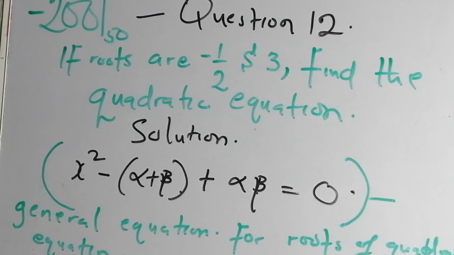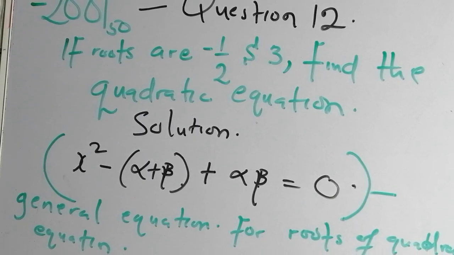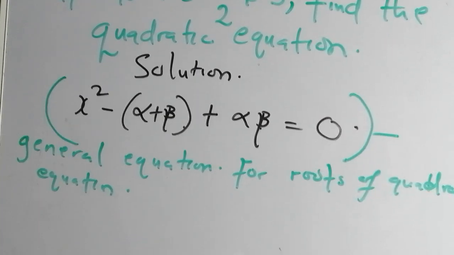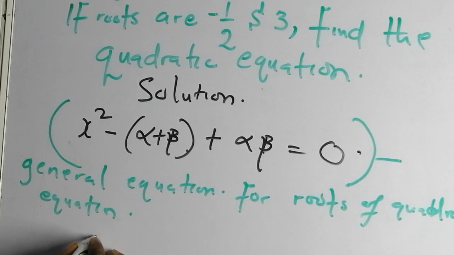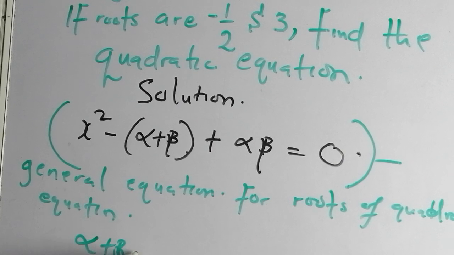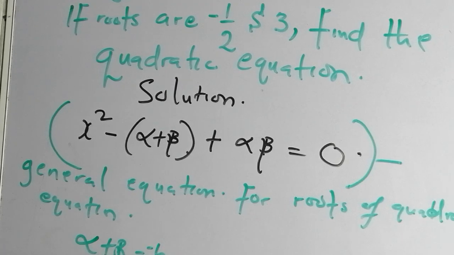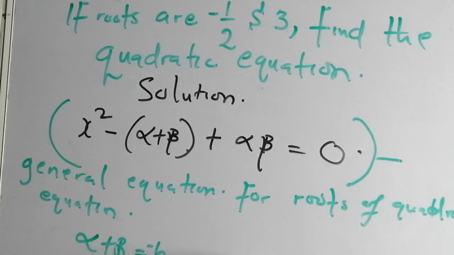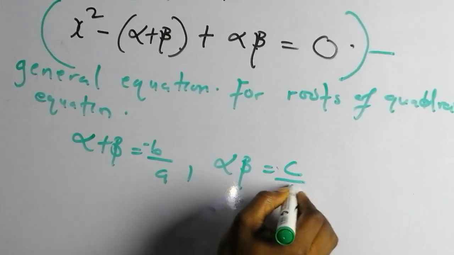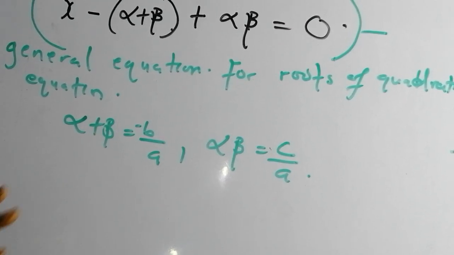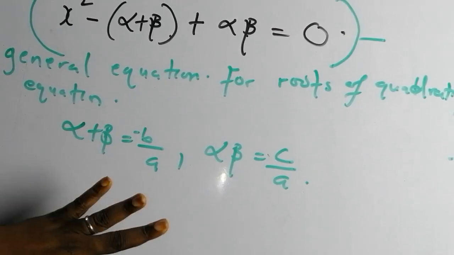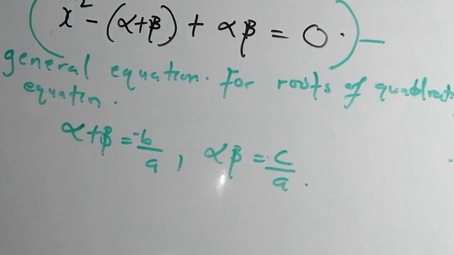That's the general equation that you need to know. I deduced that when I was treating quadratic equation. Don't forget that alpha plus beta is the same thing as minus b over a. Then alpha beta is the same thing as c over a. That is just a recap of what we've done.